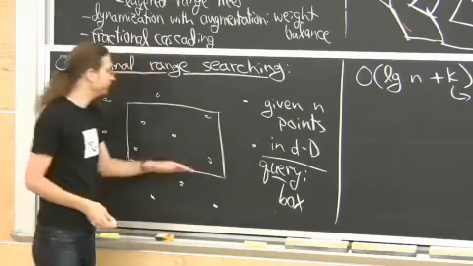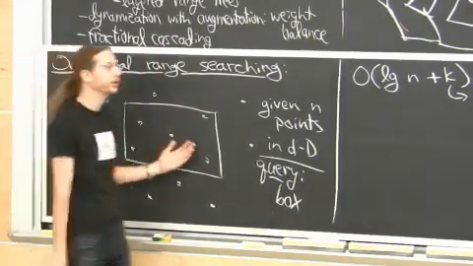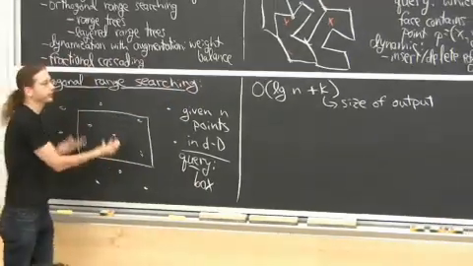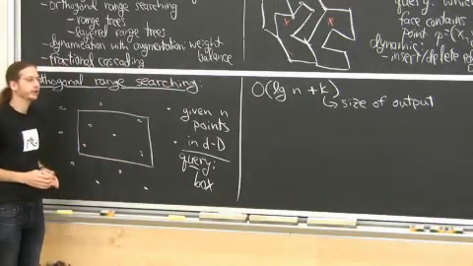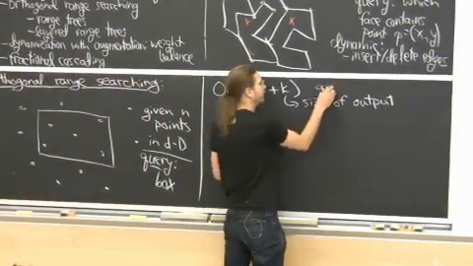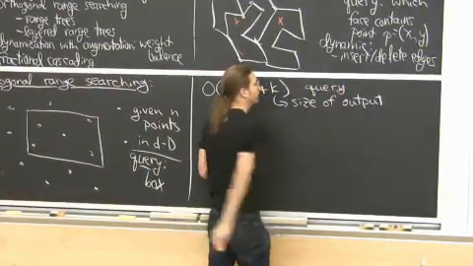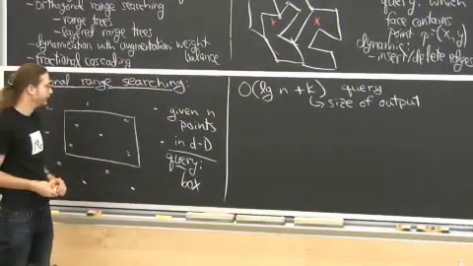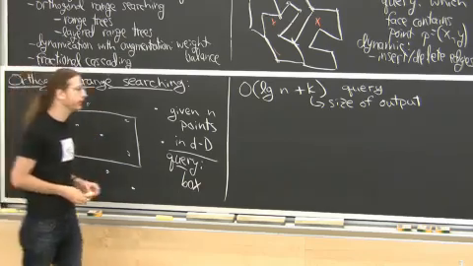If you want to list 100 points in there, k is 100, and so you have to pay that to list them. If you want to know all of them, well then k is the number of points that are in there. And we'll be able to achieve these kinds of bounds pretty much all the time. Definitely in 2 dimensions. In d dimensions, it's going to get harder.